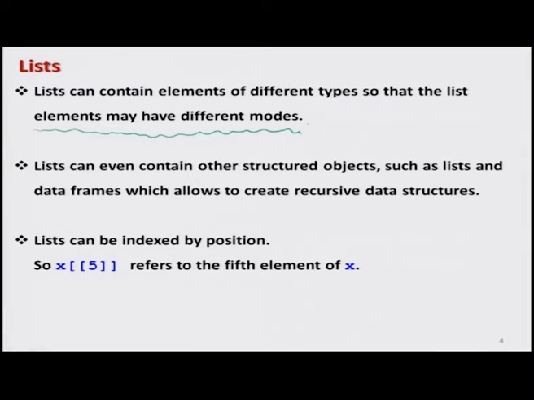The advantage of having a list is that once we have a list, we can use the elements inside the list to create other data structures. And a list can also contain structured objects, for example a list, matrix, data frames and so on, and using this bigger list we can create different types of data structure.